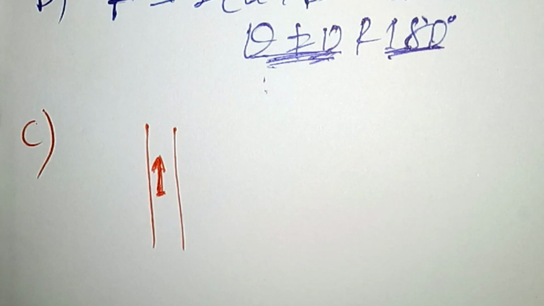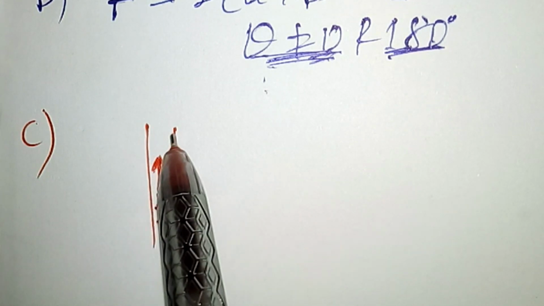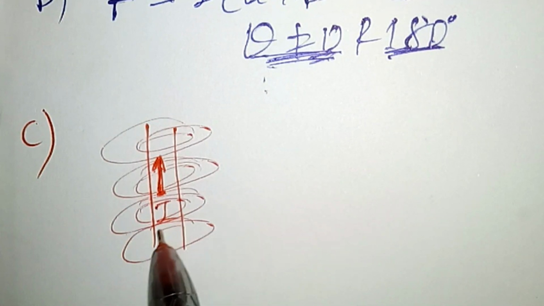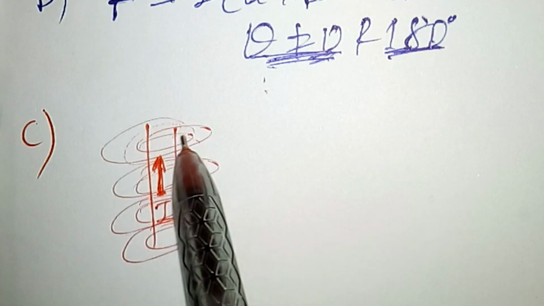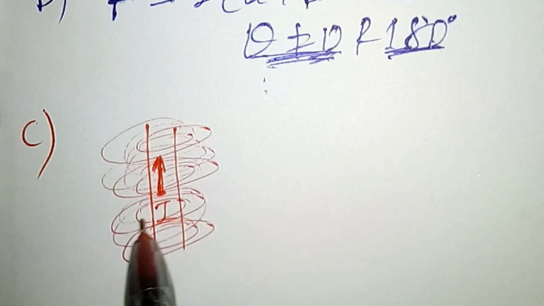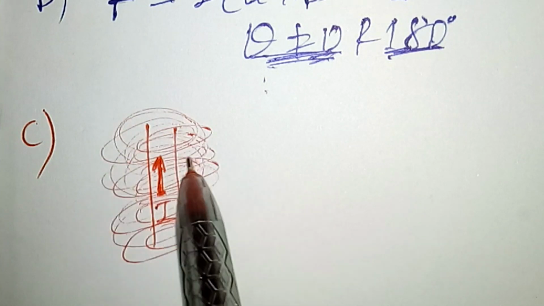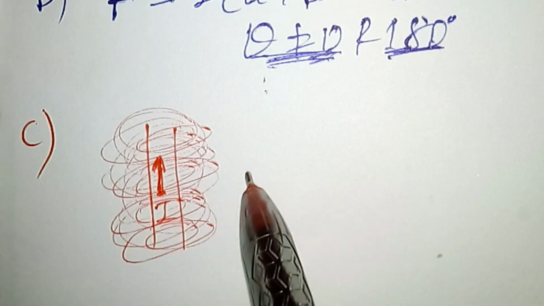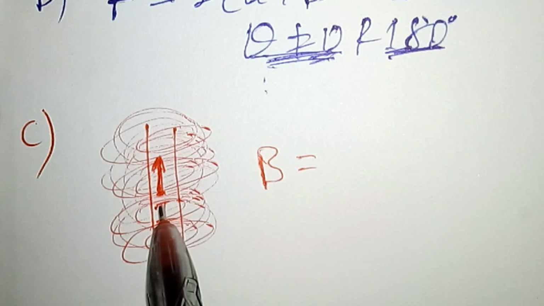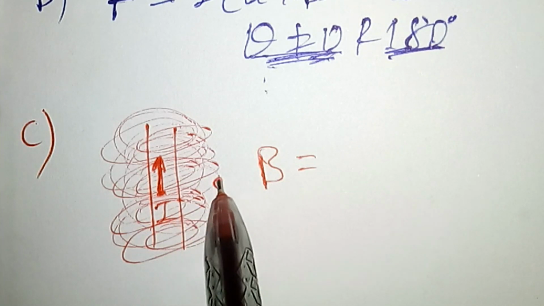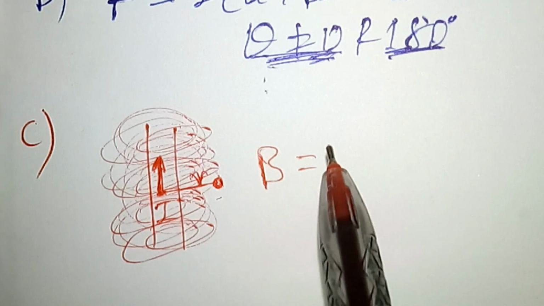Alternative C says that a uniform magnetic field can be created at all points around a long current carrying wire. As we know, a current carrying conductor has a magnetic field in its surroundings like concentric circles. Let me say this is point P, which is at distance r from the wire.